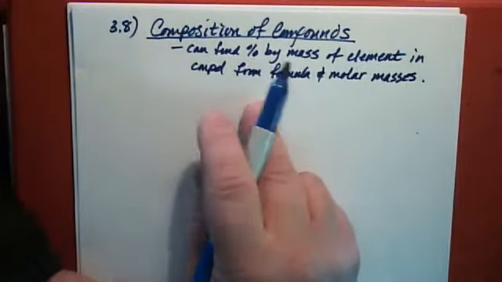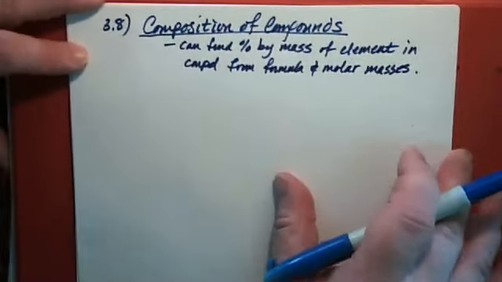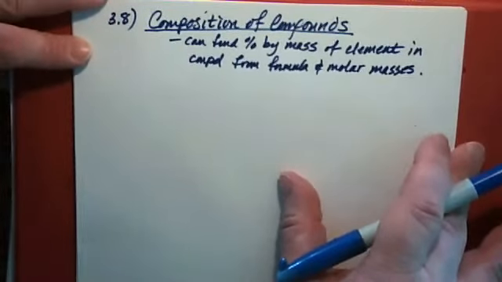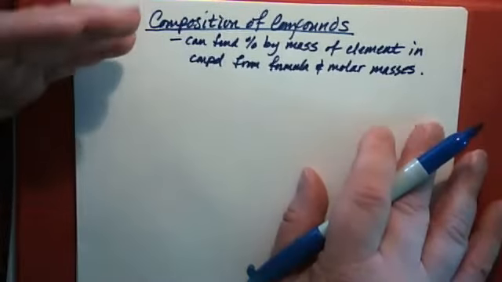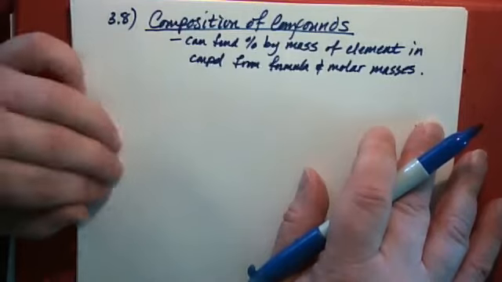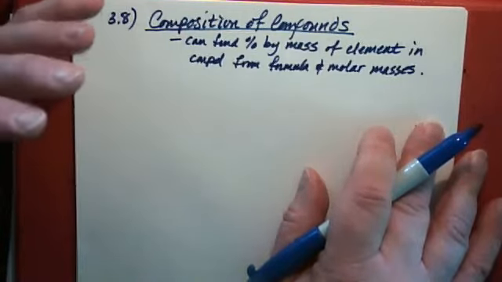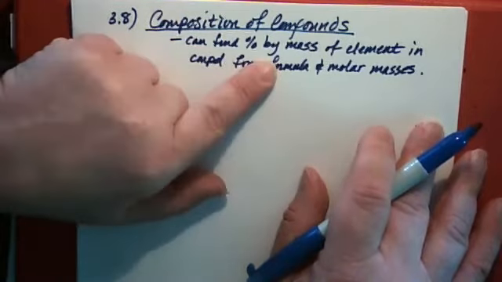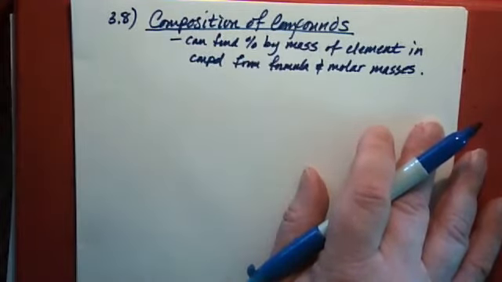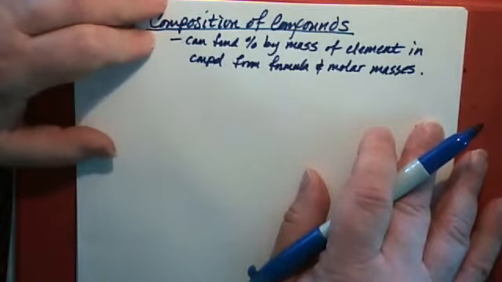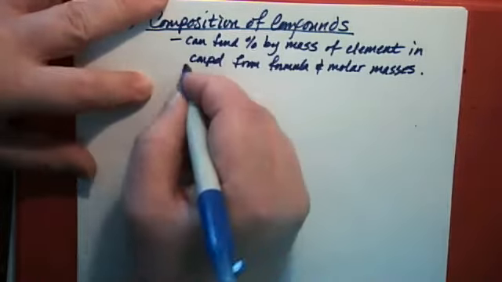You could evaluate how much of a given compound is made up of a certain element in terms of number of atoms present, or the amount of space taken up. But the most common way to do it is by mass. What is the percentage by mass of a given element in a certain sample of a compound?